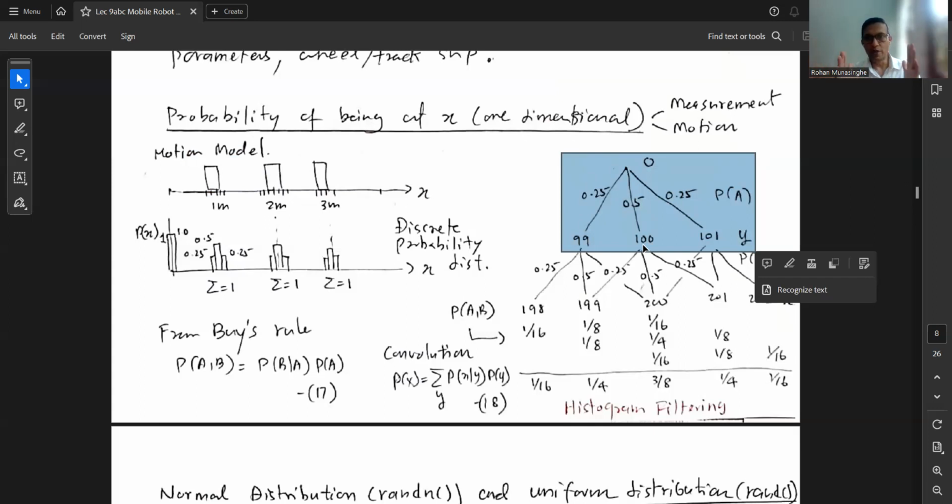So when you add all these probabilities together, it is 100%. So it can be 99, can be 100, can be 101. I'm showing you three different possibilities with the most probable case being 100. In reality, your measurement can be 98, 97, 96 on this side, and 102, 103, 104, 105 on the other side. So then it becomes a bit more complicated, but it's still the same concept. Okay, so this is the probability for the robot to be in that distance or that state.